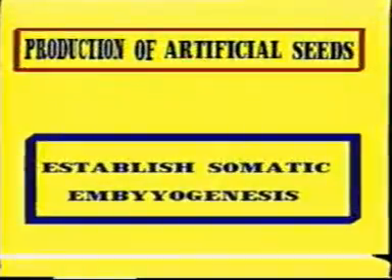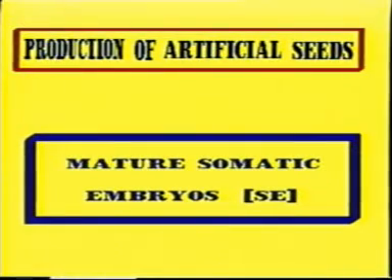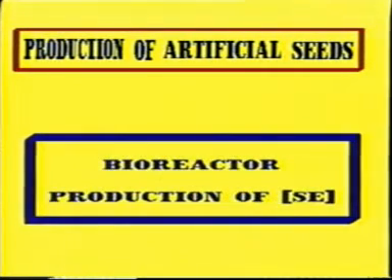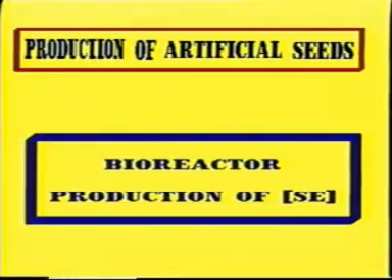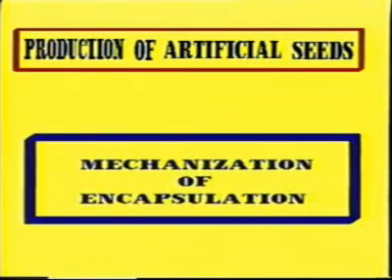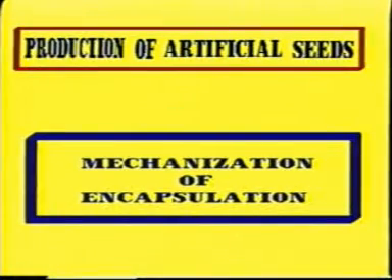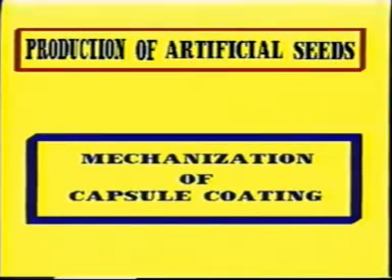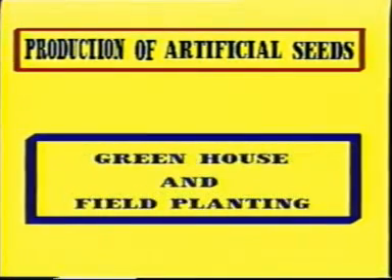First, establishment of somatic embryogenesis, then maturation of these somatic embryos, later on they are synchronized and singulated, then bioreactor production of secondary somatic embryoids, they are encapsulated, encapsulation coating is done and they are dried, and then they are ready for the greenhouse and field planting.